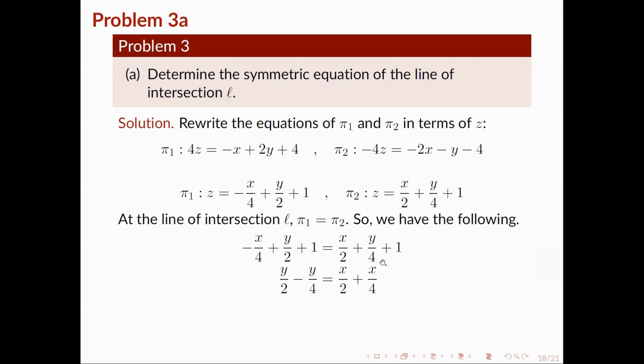And then upon doing the appropriate operations, we're going to end up with y over 4 equals 3x over 4. And that's going to be y equals 3x. So that is the Cartesian equation of our line of intersection.